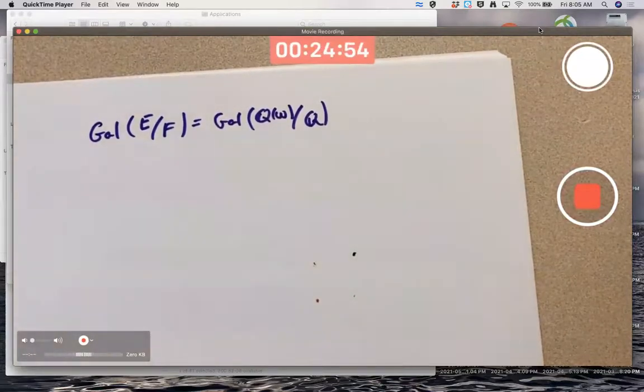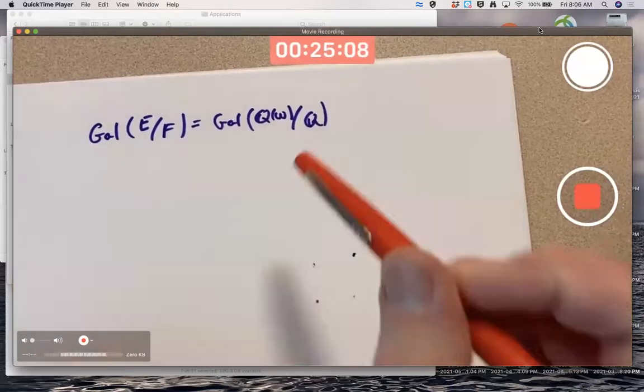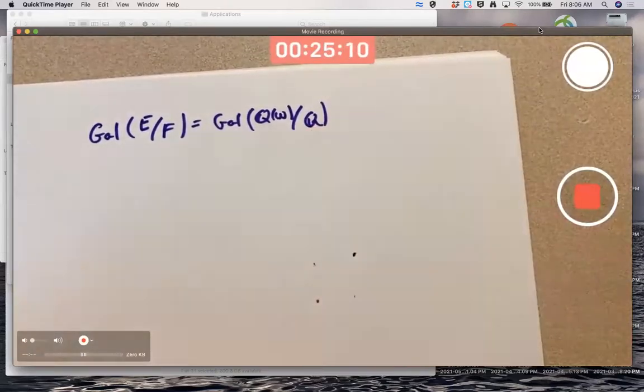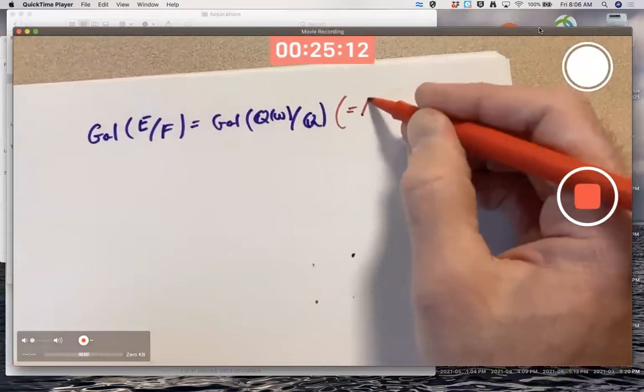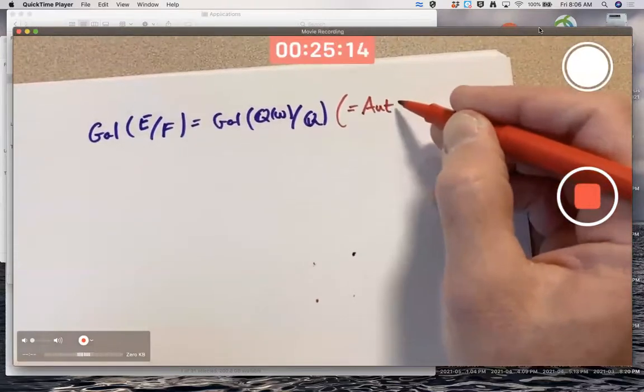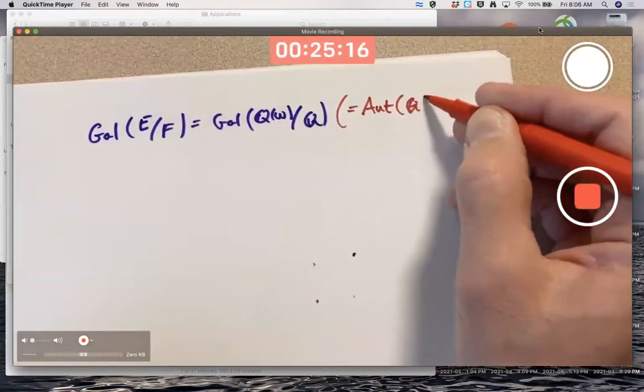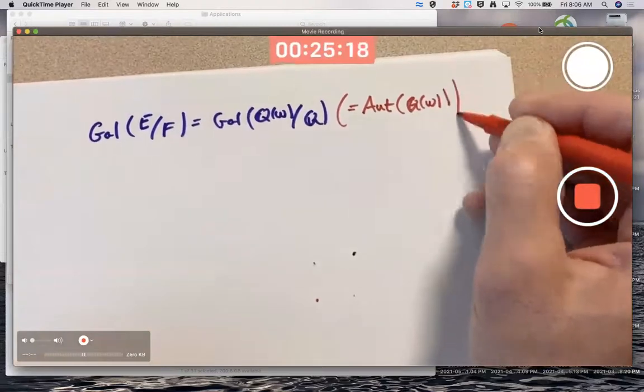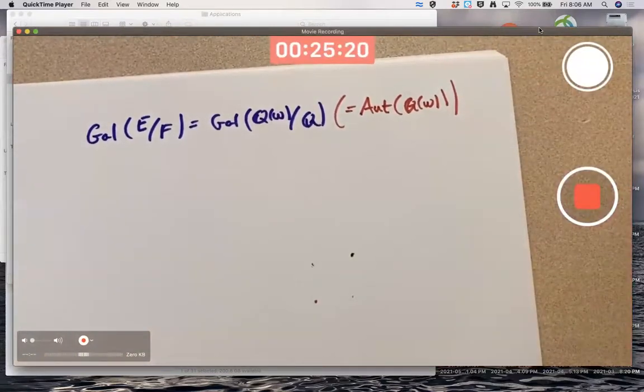I mentioned this the other day, I'll mention it again. By problem number 1 in chapter 32, any automorphism of a field extension of Q will automatically fix everything in Q. Therefore, when your base field is Q, this is the same as the group of all automorphisms of the field extension. That's not the case when the base field is not Q in general.